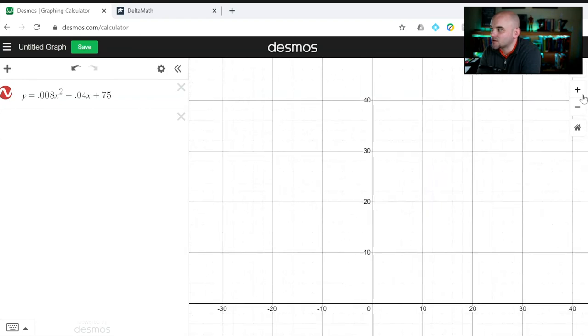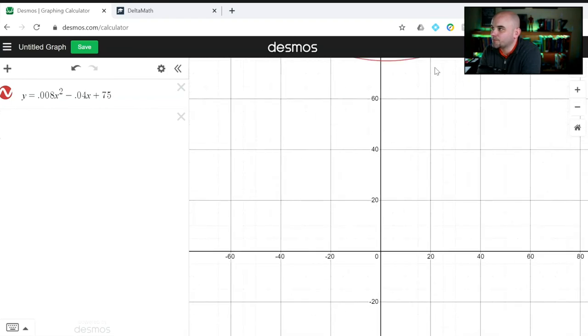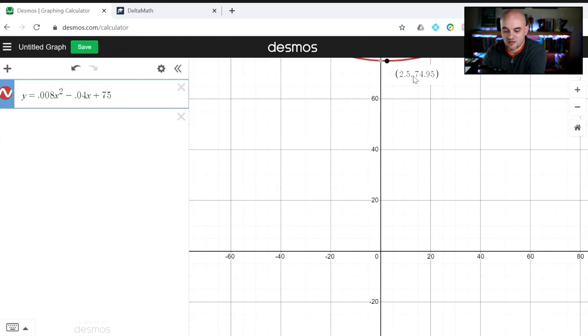I guess I could change the scale, but I think this is far enough right here. If we drag along somewhere in here, there is a 2.5. Oh, they got it right there for us. Desmos tracks it. 2.5 is our minimum value, and then this right here is the actual minimum cost if we were to put it into the function. So it costs $74.95 per lawnmower. If we make 2.5 lawnmowers, that is minimizing our cost.